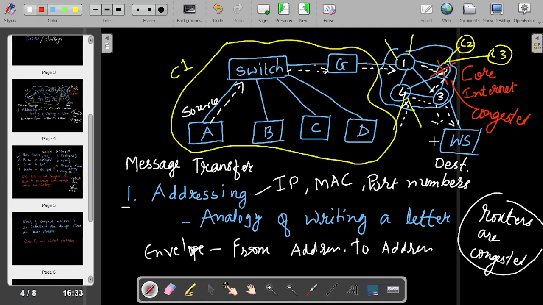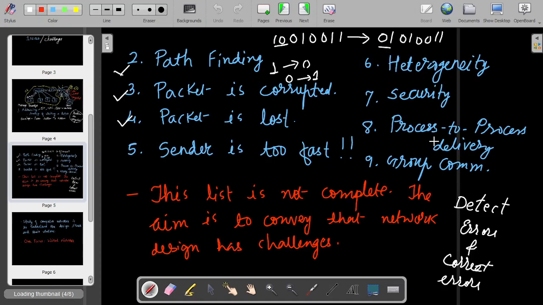If the internet is congested, then measures should be taken to get rid of congestion. Once we get rid of congestion, we will be able to prevent future packet loss. Now comes the next issue, that is, the sender is too fast.